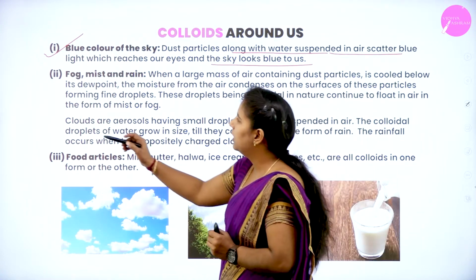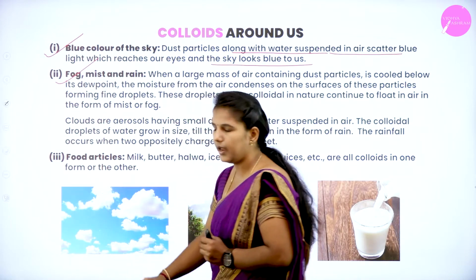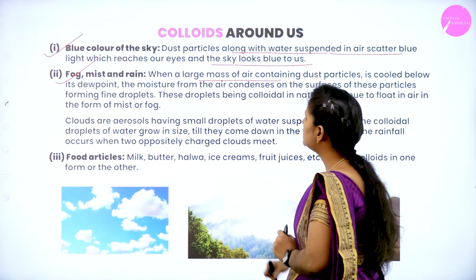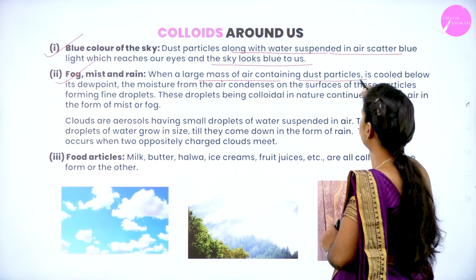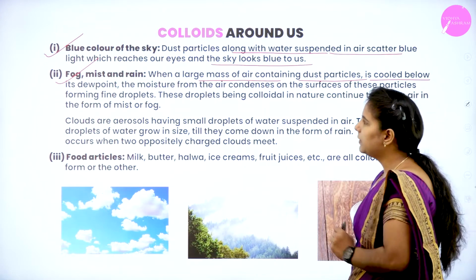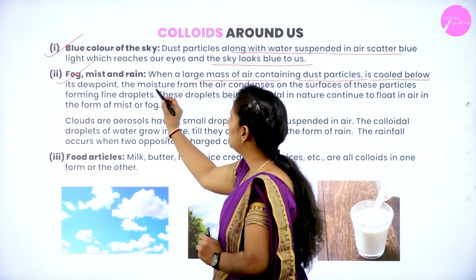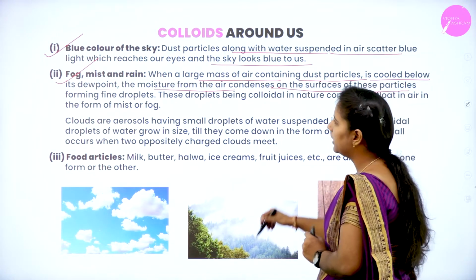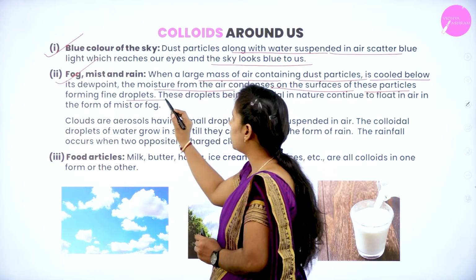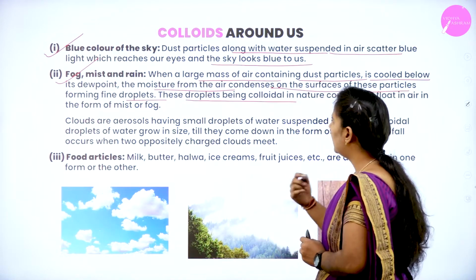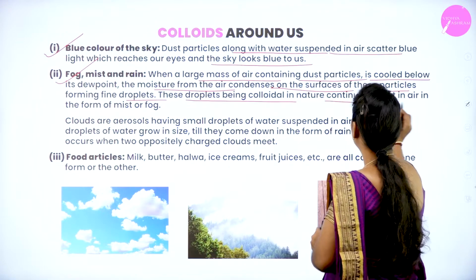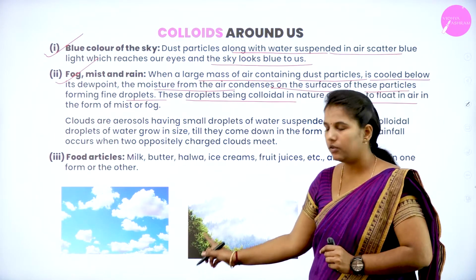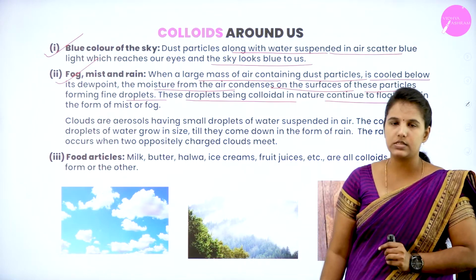And next one is fog, mist and rain. How do they form? We know that when a large mass of air containing dust particles is cooled below the dew point, the moisture from the air condenses on the surface of these particles, forming fine droplets. These droplets are colloidal in nature. They continue to float in the air and lead to the formation of fog or mist.